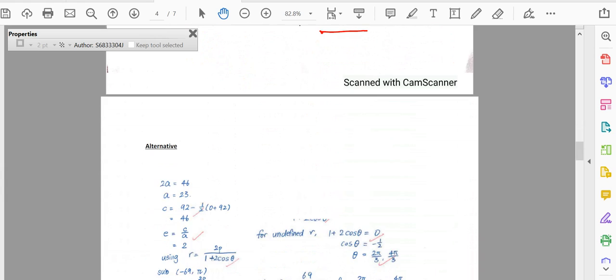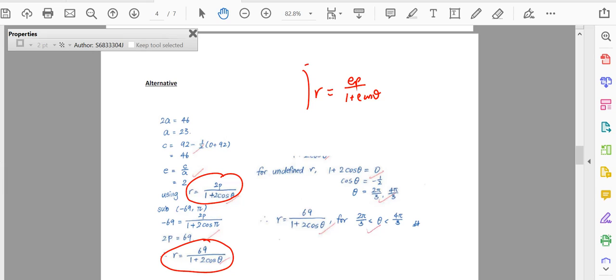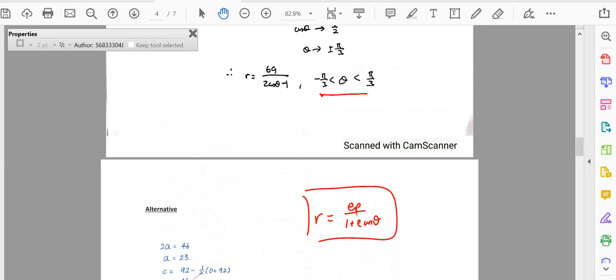I also have students who went by the formula. If you recall, we have r equals ep over 1 plus e cosine theta. If you have gone by that, your job is just to look for the e, the p, and then plug it in. So you will have a different form here: r equals 69 over 1 plus 2 cos theta. So if you've gone by that standard formula, you have a different looking answer from this one here.